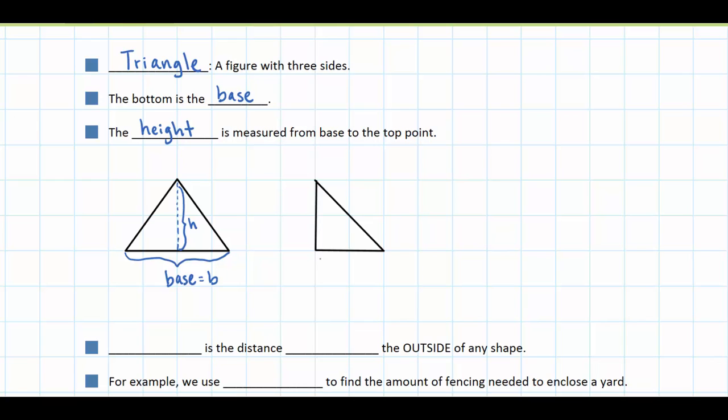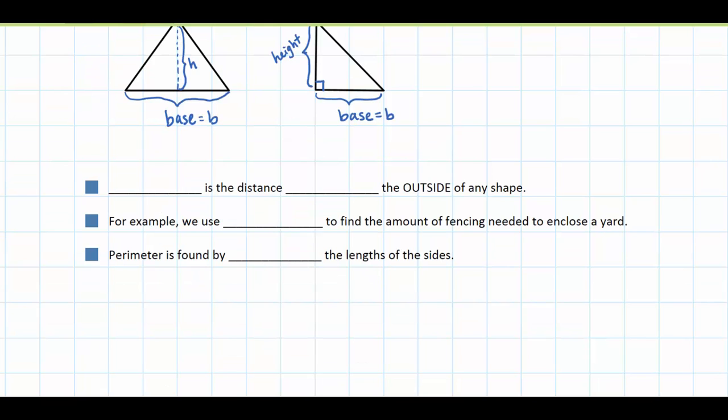In this example, this is our base, and then this is our height. Notice that on right triangles that have a right angle here, we can interchange the base and the height. So we could have called the height the base and the base the height.